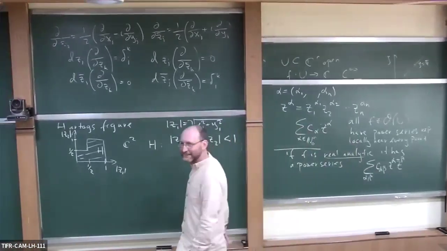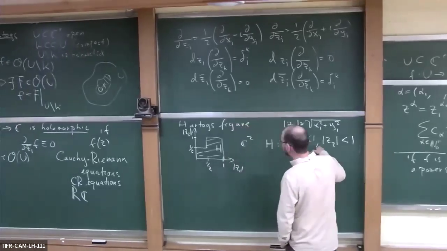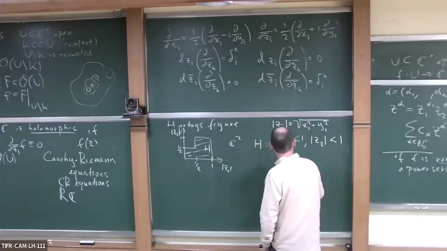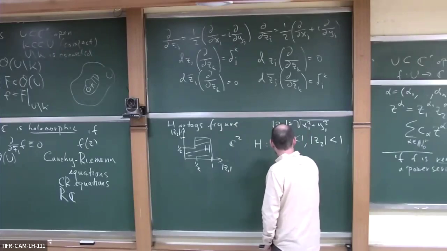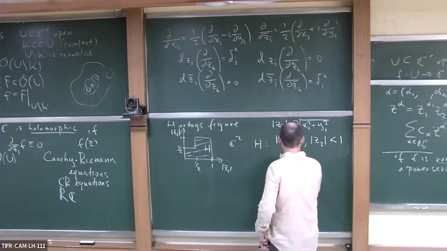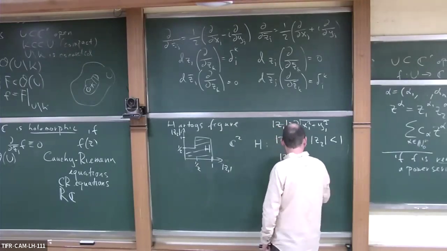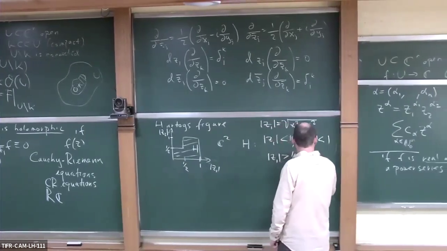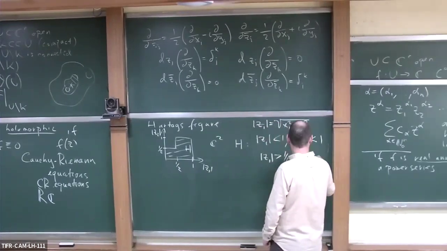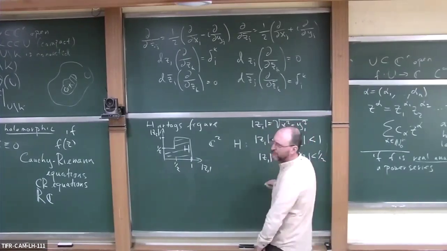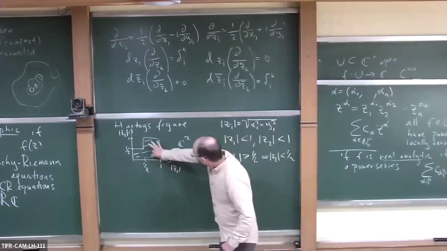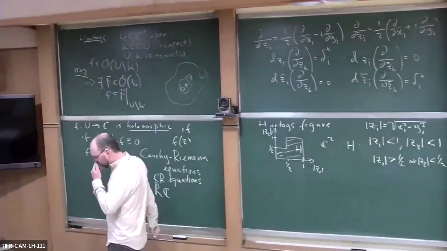So we just write it like this. So I'm going to just assume these, and then the Hartogs figure is given as C1 is bigger than this, or is less than one half, right? So I'm thinking of this region here.